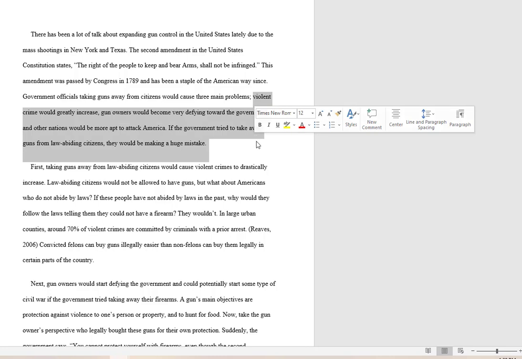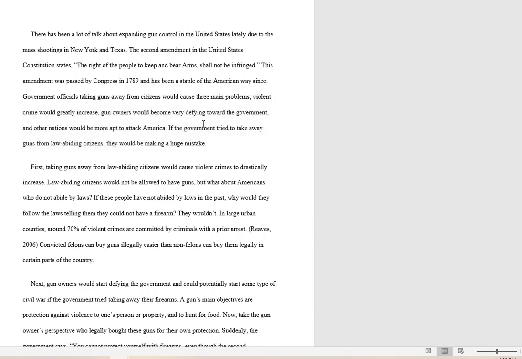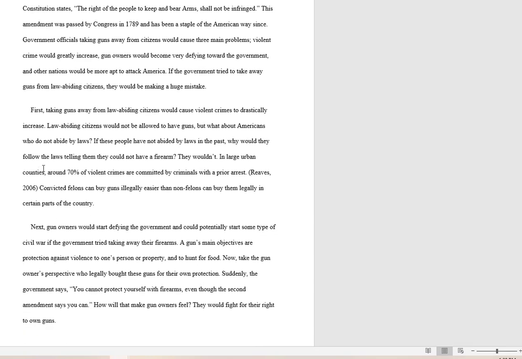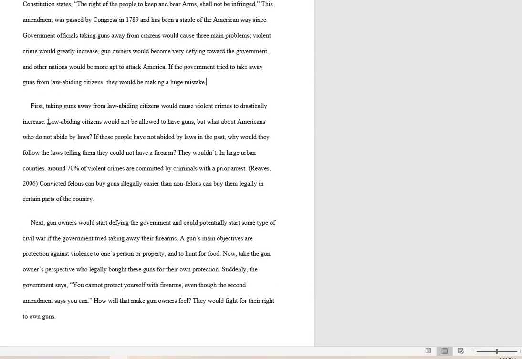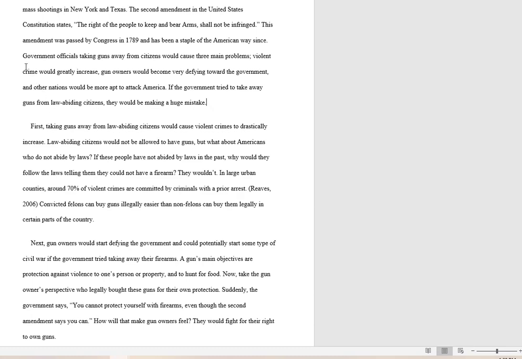And so when you have a good thesis statement, you have to have a what component and a why component. And then the why component, which is the reasons, becomes your body paragraphs here. So the reasons he has here: government officials taking guns away from citizens would cause three main problems.